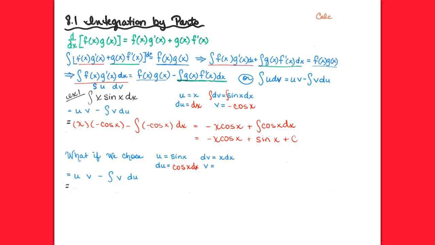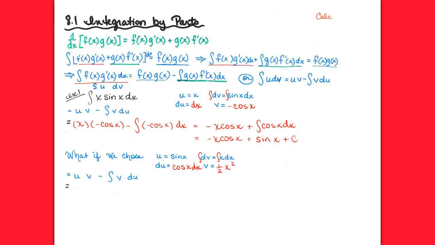The derivative of sine is cosine, so the differential du would be cosine x dx. And if dv is x dx, then to undo the derivative of v and go to just plain v, I would need to integrate. So if we integrate x dx, then we're going to end up with 1/2 x squared.